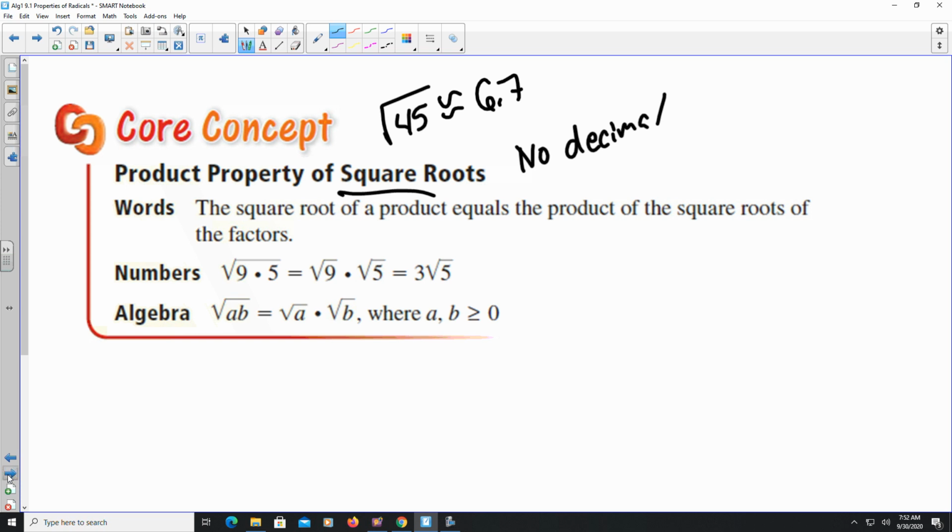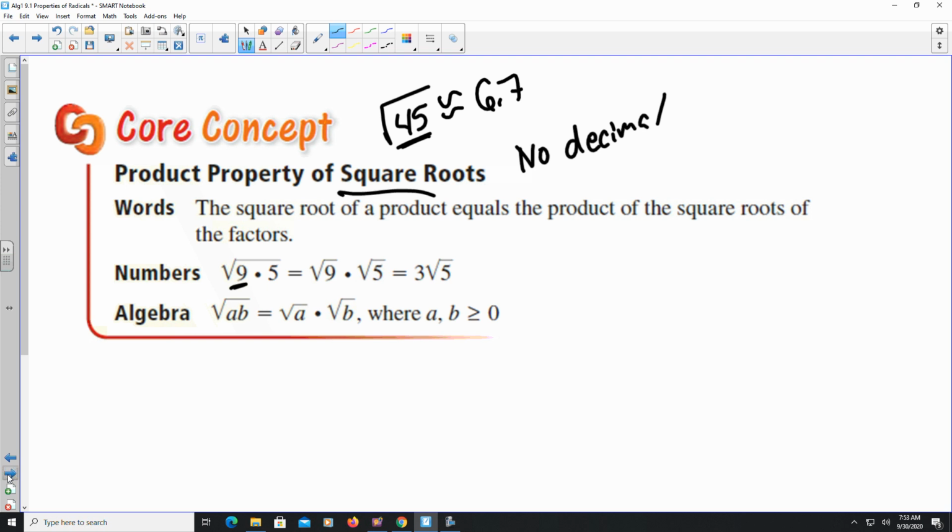In order for us to get exact values, what we have to do is break up this 45 into two products. More specifically, one of the values has to be a perfect square number because we're dealing with square roots. That's why you have the 9 there. 9 is that perfect square number, and then the other number multiplied by that gives me 45.